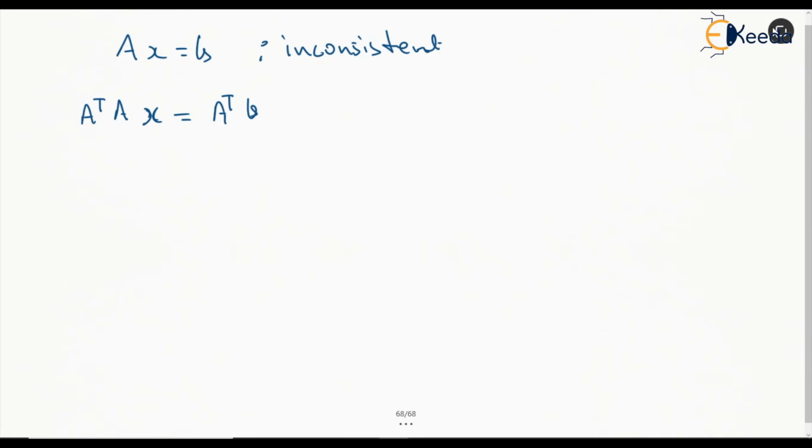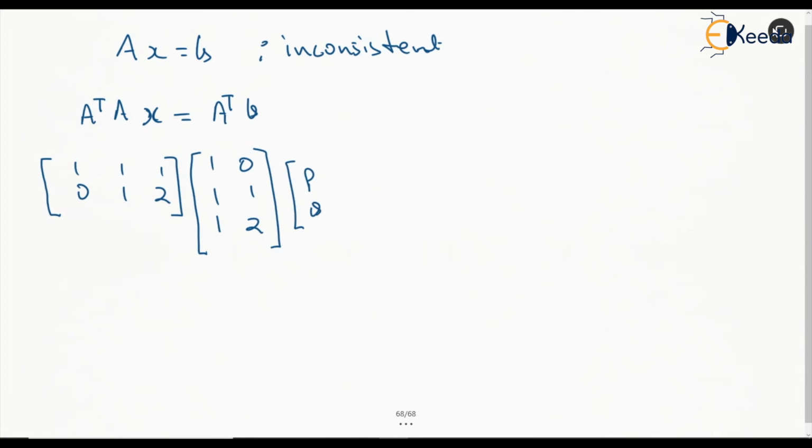So what is A transpose? A transpose is 1 1 1 0 1 2, multiplied with A, times PQ, giving A transpose times 6 0 0.